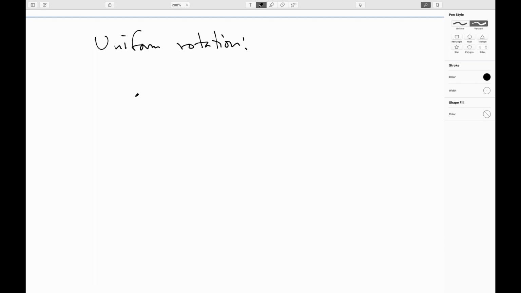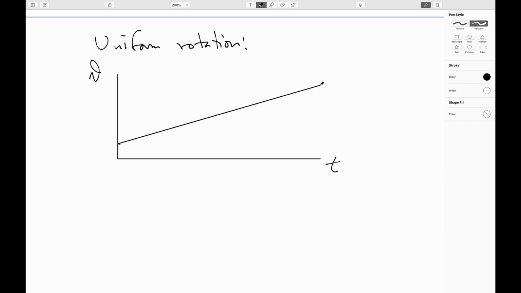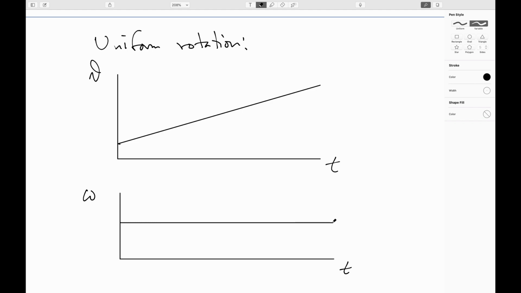So here we can go ahead and make a graph of angle versus time. And if we're rotating uniformly, that will be a straight line. And the corresponding angular velocity versus time graph would be a horizontal line. And again, here, you're free to slide this up and down as much as you like.